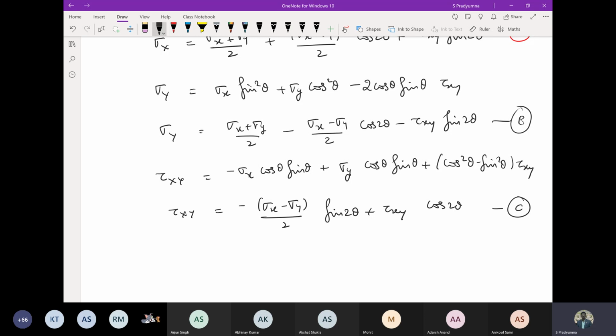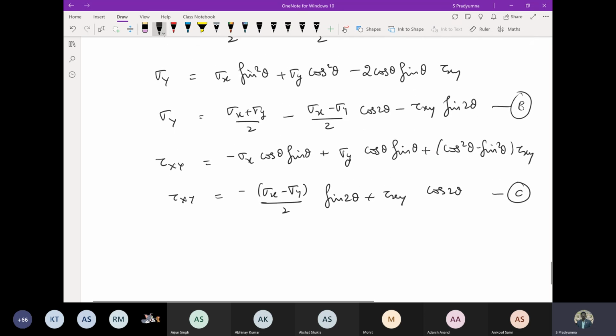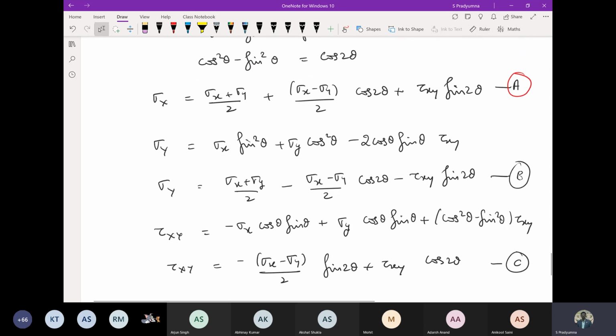So these are the three equations we are looking at when we want to transform the plane by giving a rotation about the z-axis. Now here also, when I add A and B, sigma x plus sigma y, what do I get?